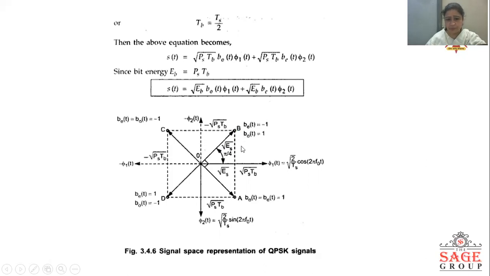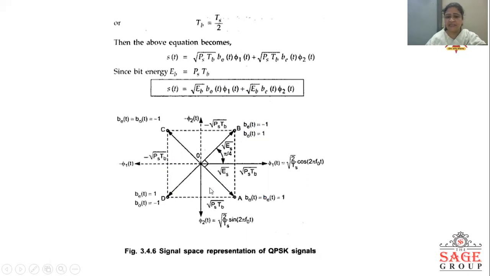This signal represents be(t) equal to -1 and b0(t) equal to 1. Similarly, if I take be(t) and b0(t) both as -1, that means I take the negative direction of phi 1(t) and phi 2(t). In that case, -phi 1(t) and -phi 2(t) will be represented by signal point C. Again, it will be D, and for another symbol, it will be A.